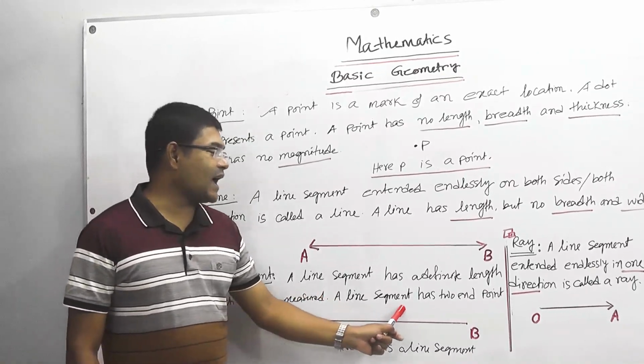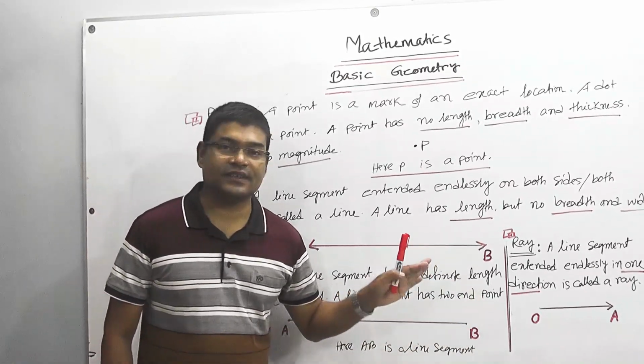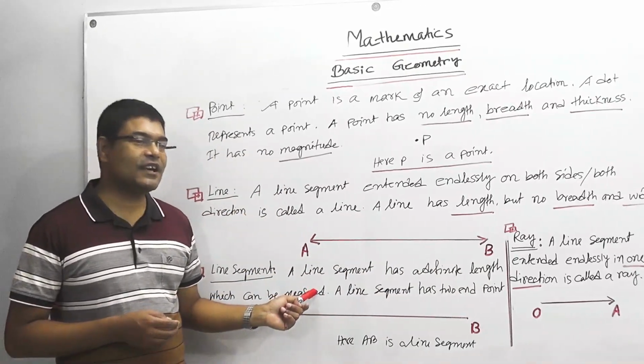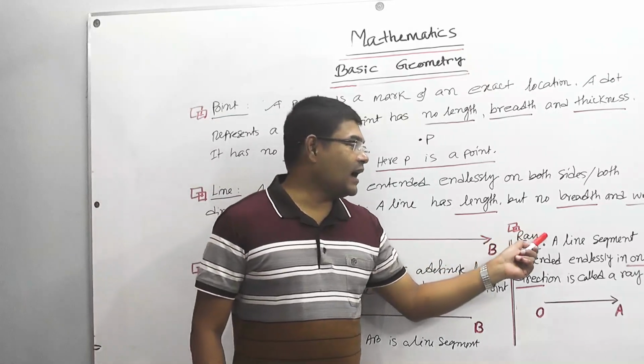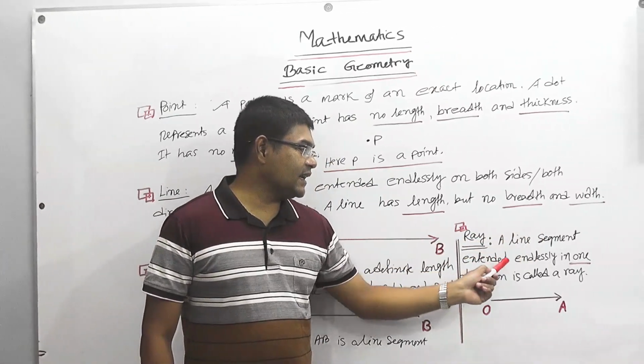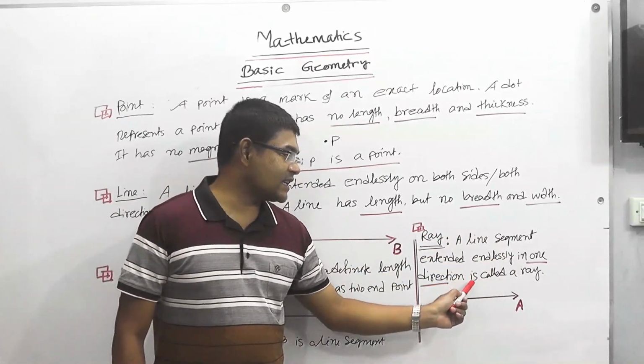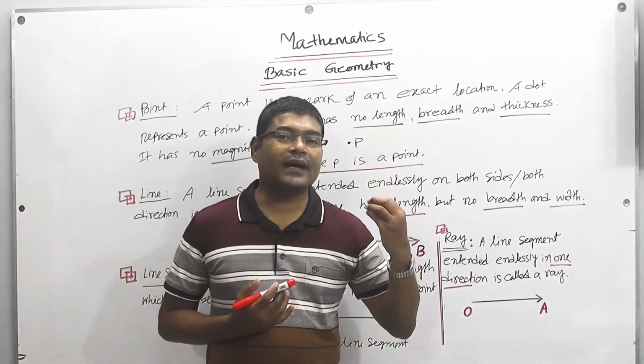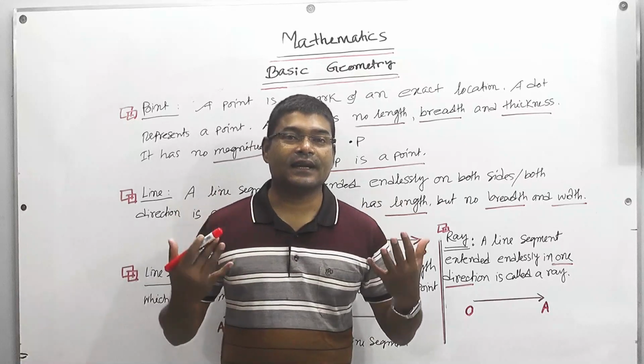A line segment has two end points. A line segment extended endlessly in one direction is called a ray.